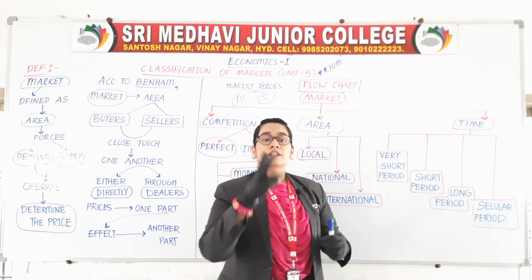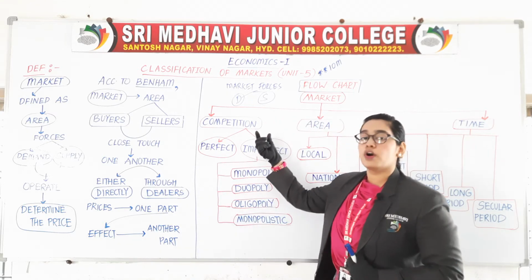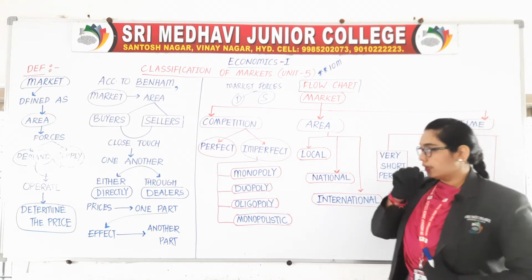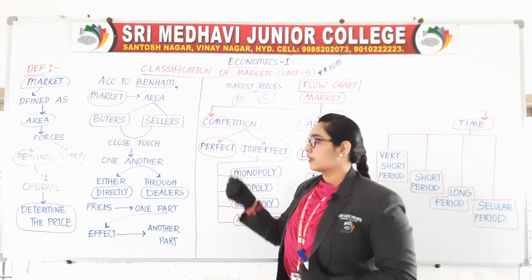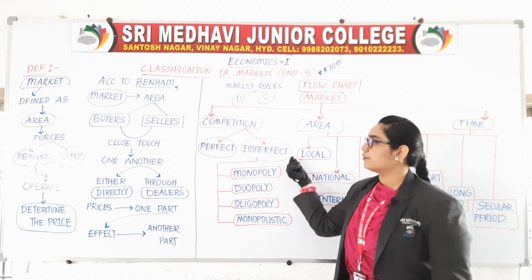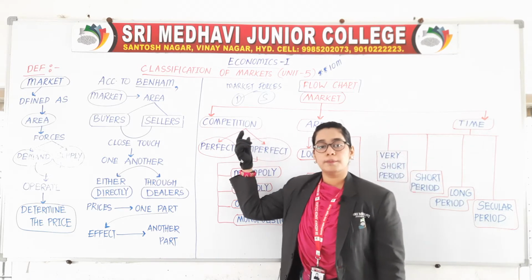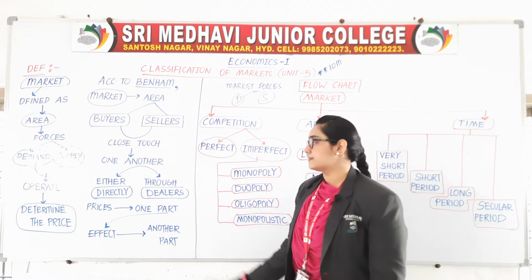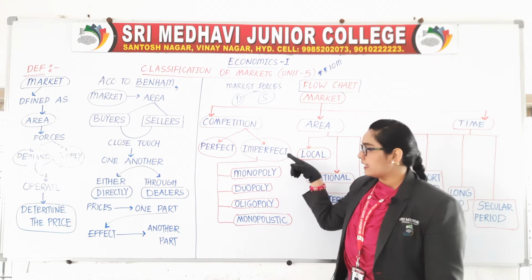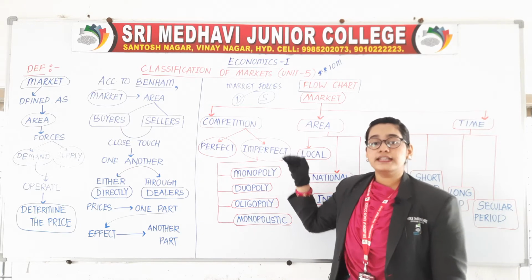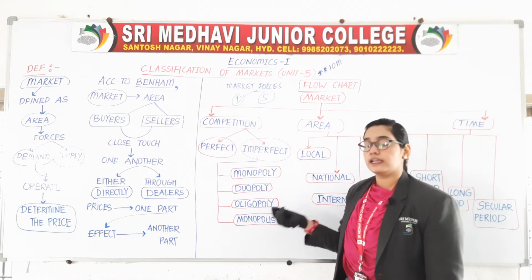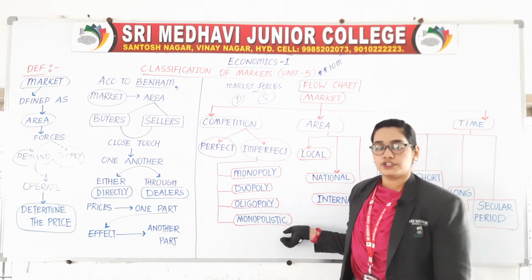According to competition, markets are divided into two types: perfect competition and imperfect competition. Then imperfect competition is further classified into monopoly, duopoly, oligopoly, and monopolistic competition.